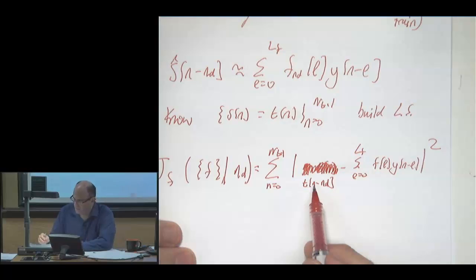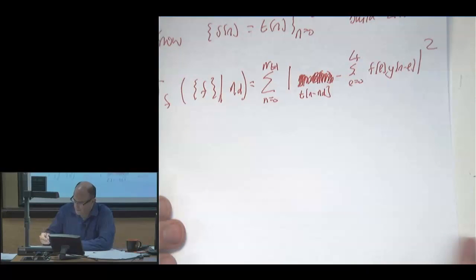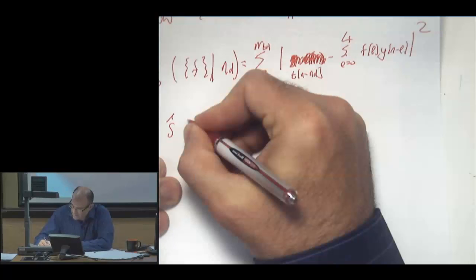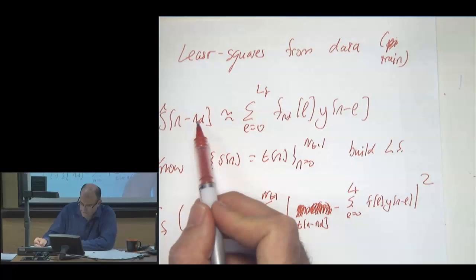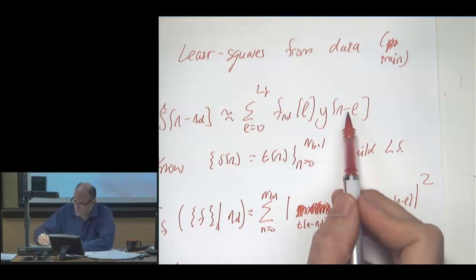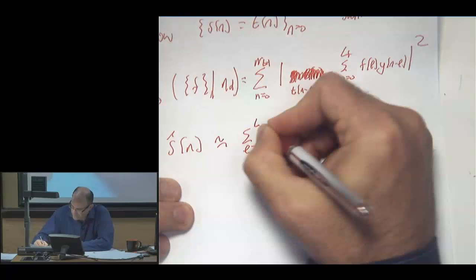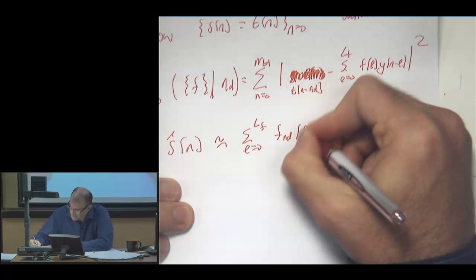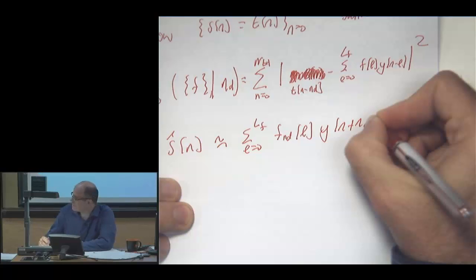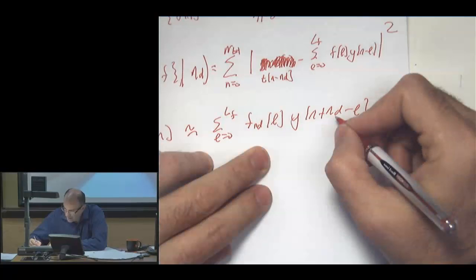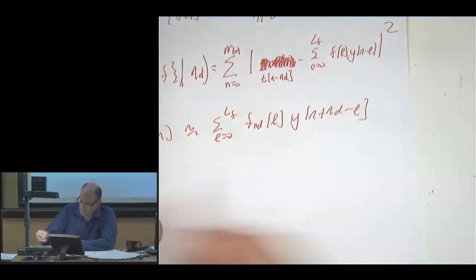So actually what I need to do is rewrite this. I'm going to put the nd over here. So I'm going to rewrite this as s hat of n approximately equal to the sum from 0 to LF of f of L, y of n plus n sub d minus L. So this is the signal after that advancing operation, so we can shift it around here.